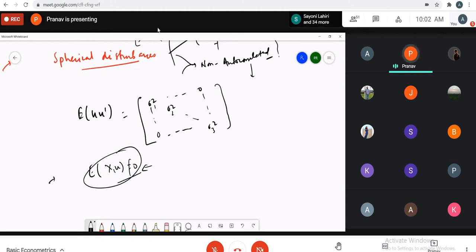That is, in the small sample case, when you have non-zero correlation of errors with the regressors, your OLS estimator will no longer be unbiased, but it will continue to remain consistent.